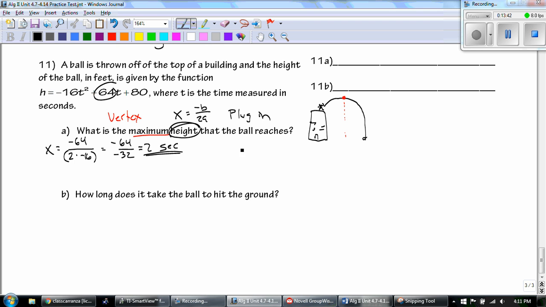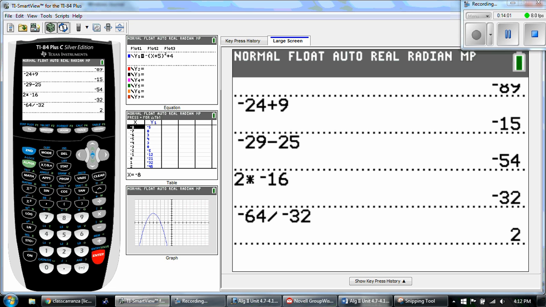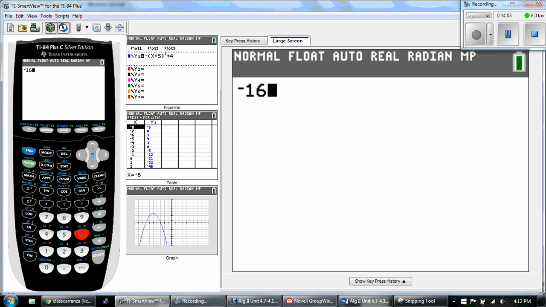So I would take the 2 seconds and plug it in. So -16 times 2 squared plus 64 times 2 plus 80. And plug in 2. The easiest way to do this would just be to use your calculator. -16 times 2 squared plus, right, plus 64 times 2 plus 80.